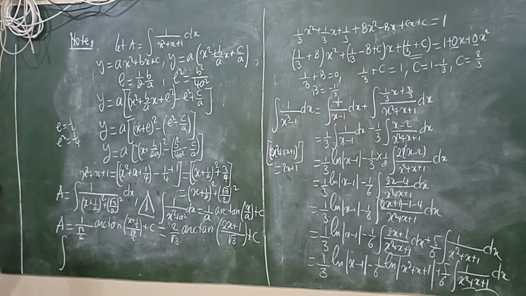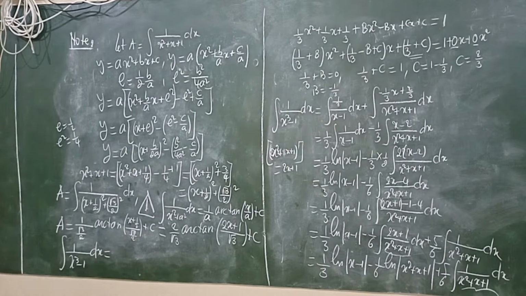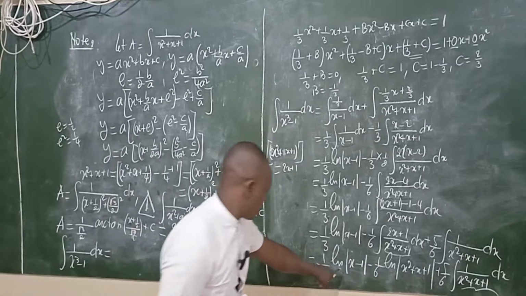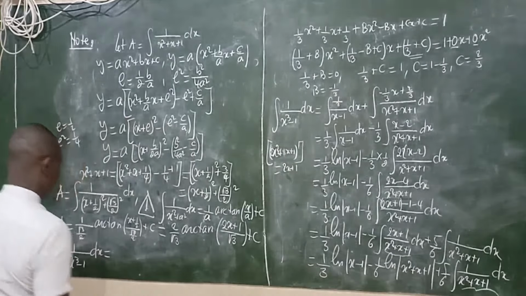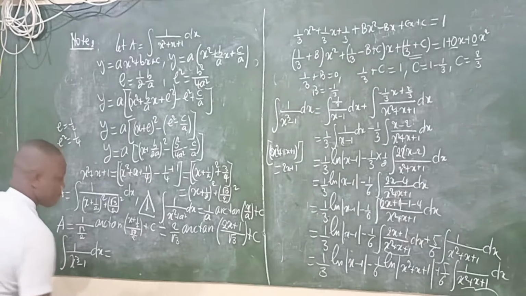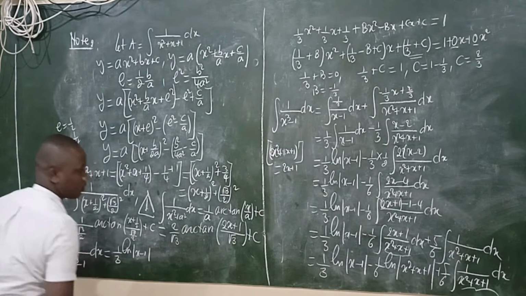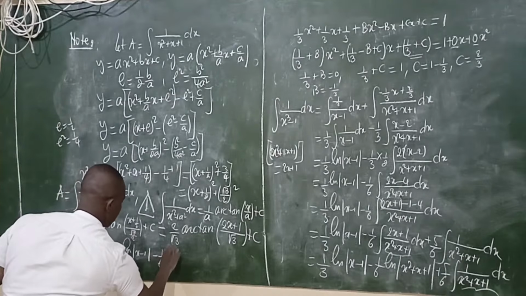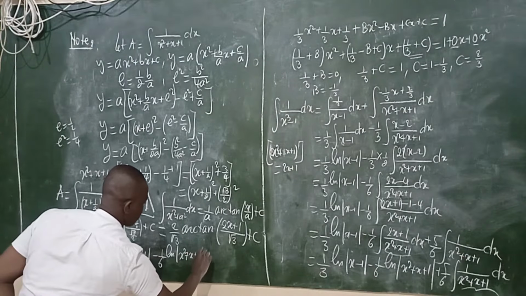The given integral 1 by x power 3 minus 1 dx will be equal to, we have this, and we are going to have that. That is 1 over 3 ln of x minus 1 minus 1 over 6 times the natural log of x squared plus x plus 1.